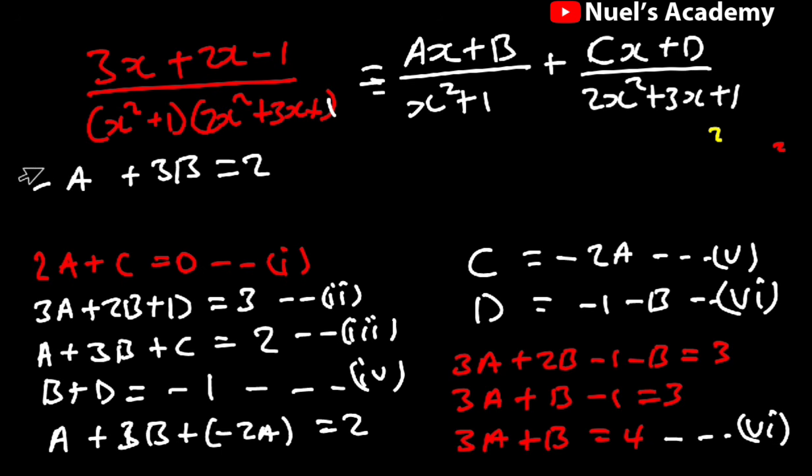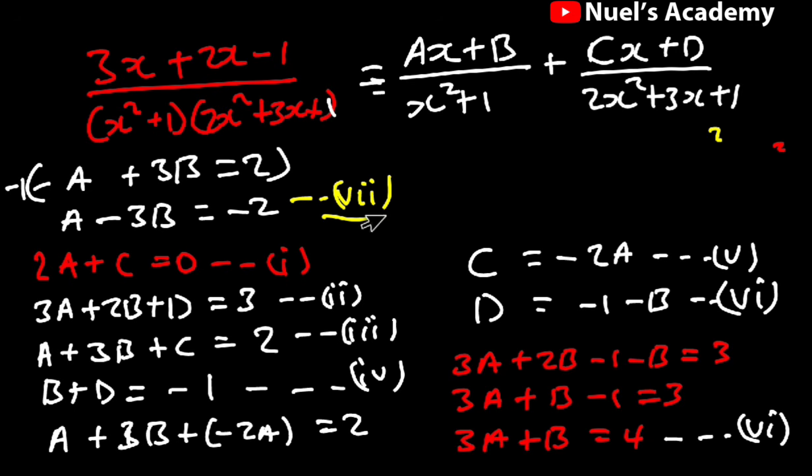Now let's multiply everything by -1 so that we don't have negative a here. Minus times minus is plus a, then -1 times plus 3b is minus 3b, equal to -1 times 2, which is -2. So this will form our equation VII. So we're going to solve these two equations simultaneously now. So from 4 equations to 2 equations. Let's solve these 2 equations simultaneously.